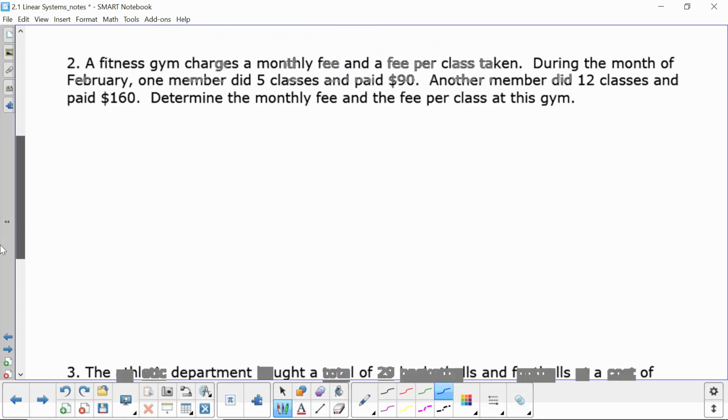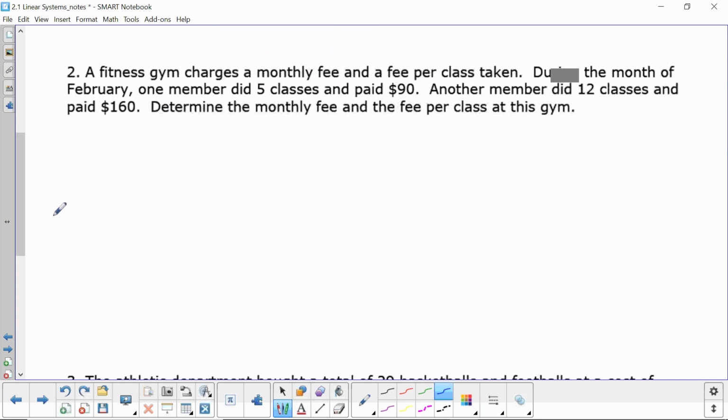And the next one, a fitness gym charges a monthly fee and a fee per class taken. So monthly fee "and" means plus, and a fee per class taken. So the cost equals monthly fee plus a fee per class taken.